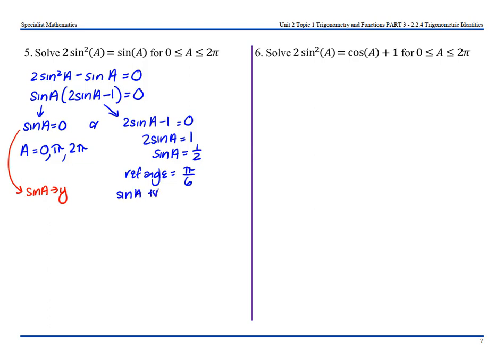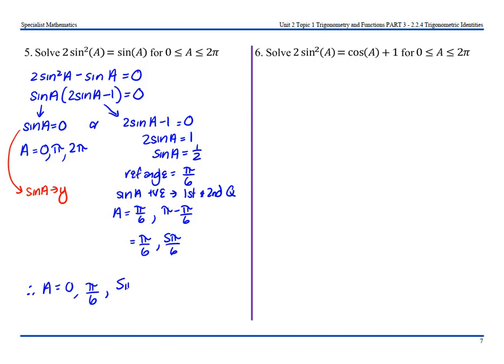Sine a is positive, so we know we're in our first and second quadrants. So a is going to be pi on 6, and in our second quadrant, pi minus pi on 6. So that's pi on 6 and 5 pi on 6. So therefore, a equals 0, pi on 6, 5 pi on 6, pi, and 2 pi.